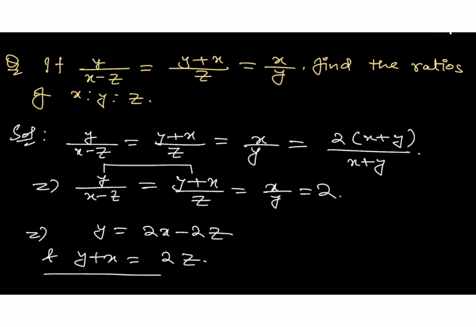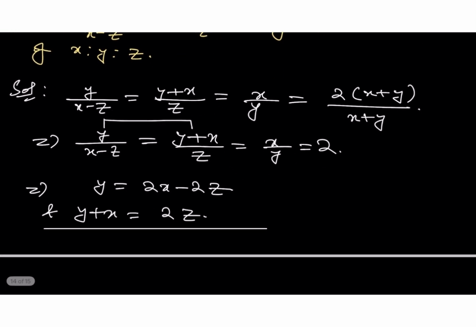So on adding, I am taking y upon (x − z) is equal to 2 and (y + x) upon z is equal to 2, and from this I have made two equations, and now I am solving these two equations, or adding these two equations.